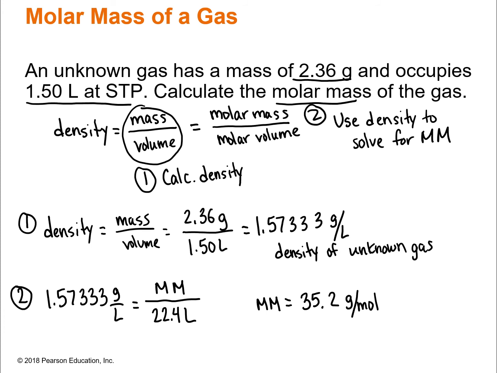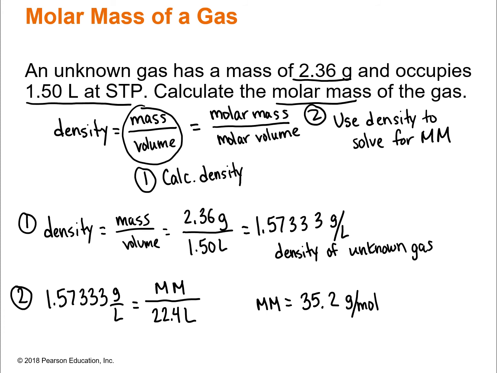You will see a question like this on your exam. I can go over it again. We're starting with an unknown gas. We know its mass and we know its volume at STP. We're asked to calculate the molar mass.